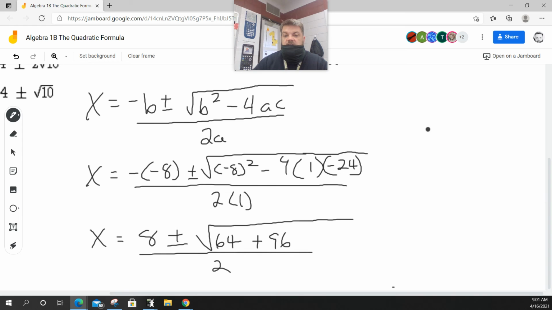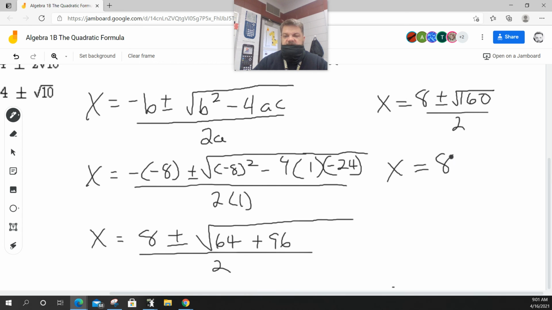So then we'll write over here, x is equal to, is that 160? Yeah, because 64 plus 96 is 160. So then that would be 8 plus or minus the square root of 160, all over 2.